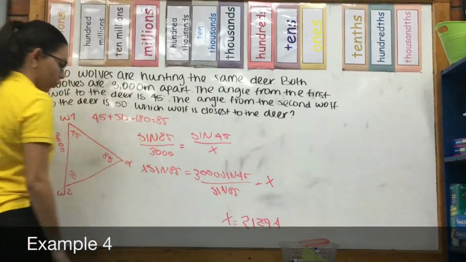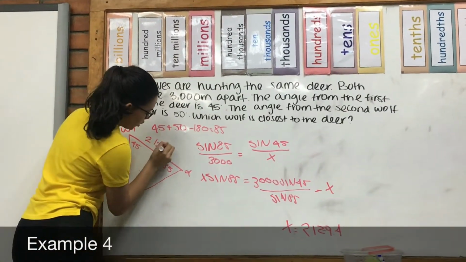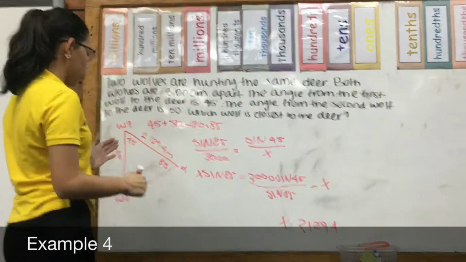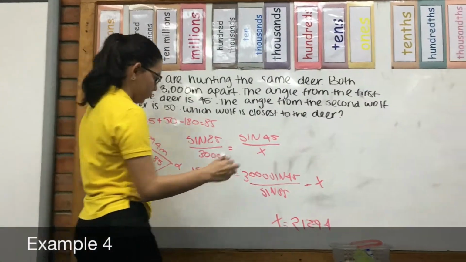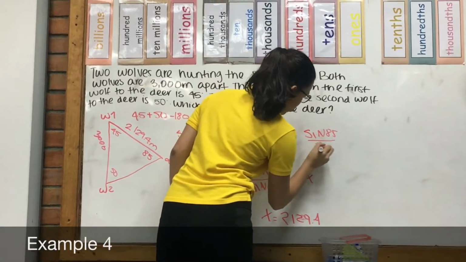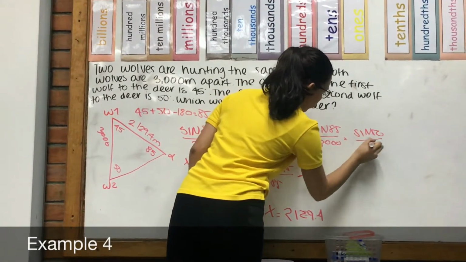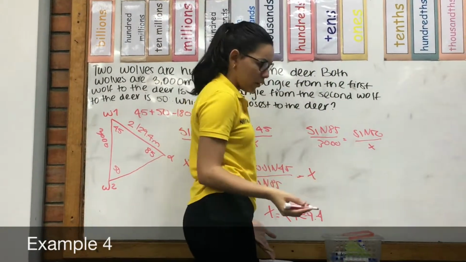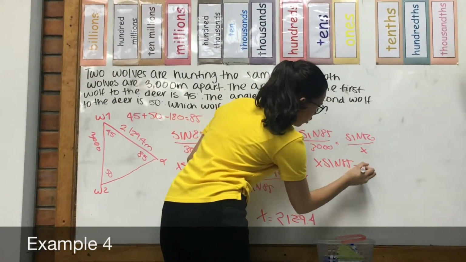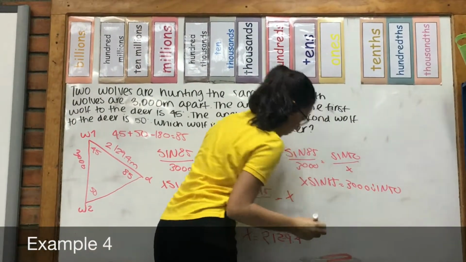So we have that the first wolf is 2,129.4 miles away from the deer. Now we do the same procedure for the second wolf. Sine of 85 over 3,000 equals the sine of 50 over x. We do cross multiplication again and we have x sine of 85 equals 3,000 sine of 50.